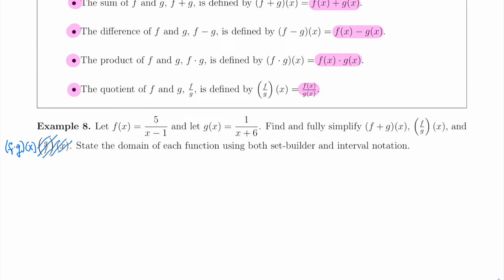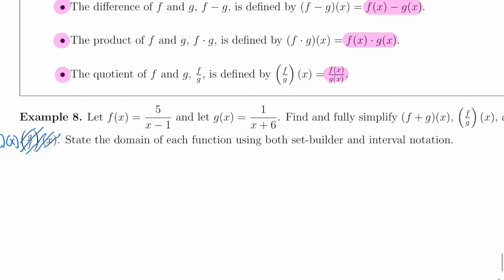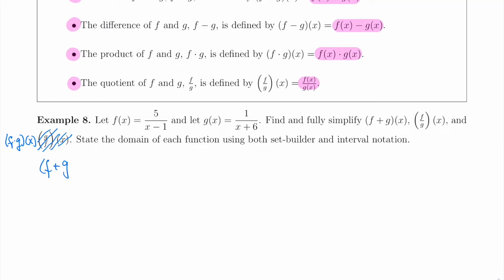So we have our function f of x and g of x, and we want to add them. So we write f plus g of x, and I highly recommend that you always start with the definition of what it means to add two functions, because it makes the subsequent steps fairly straightforward.